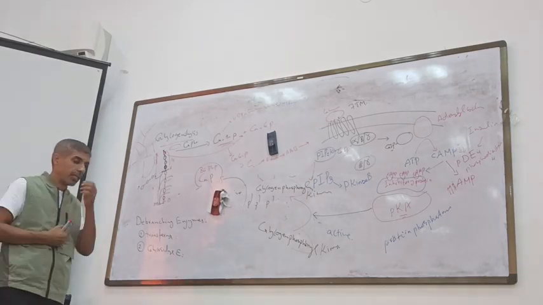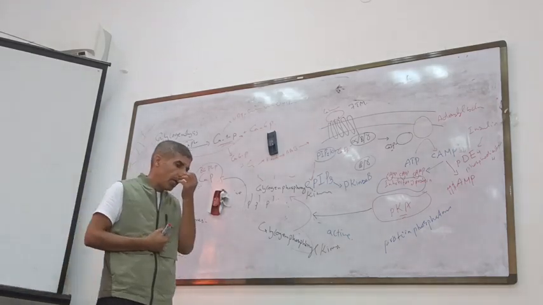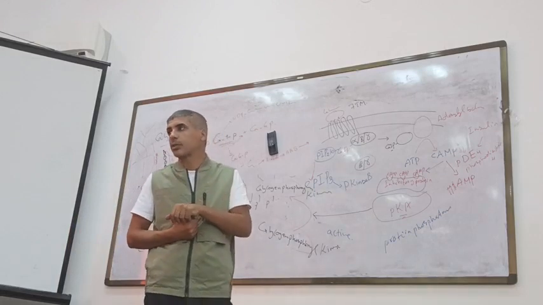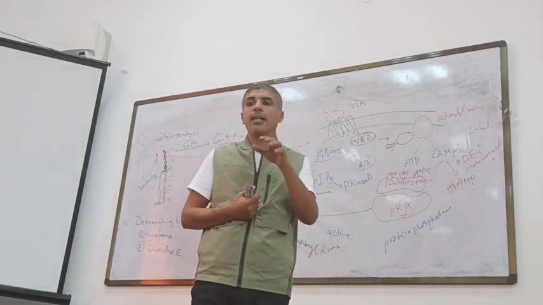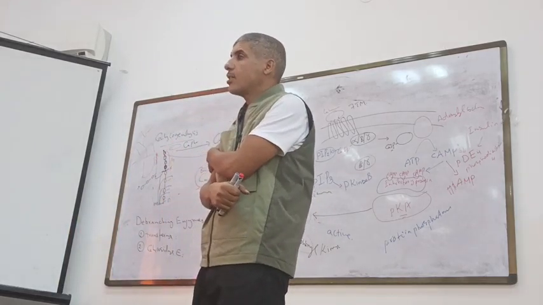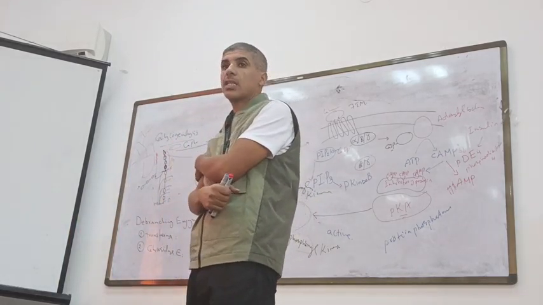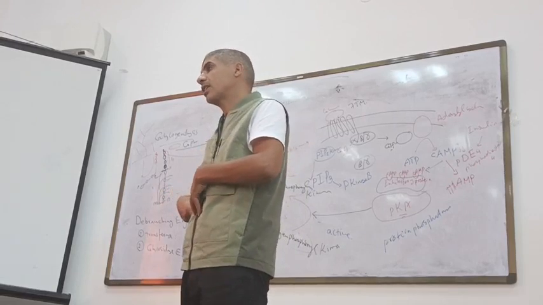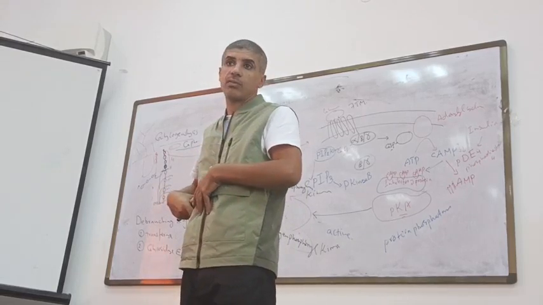glycogen. Okay? We have two isomers of glycogen phosphorylase: the skeletal muscle isomer, and the hepatocyte isomer of glycogen phosphorylase.